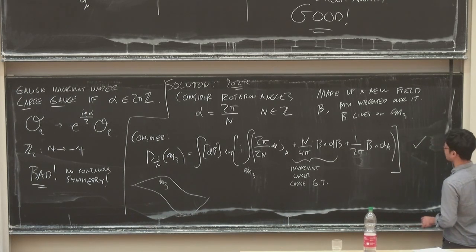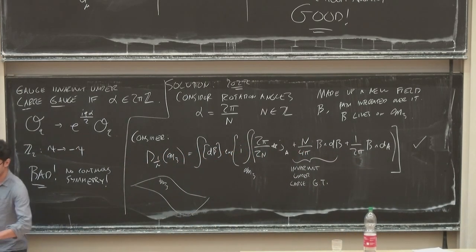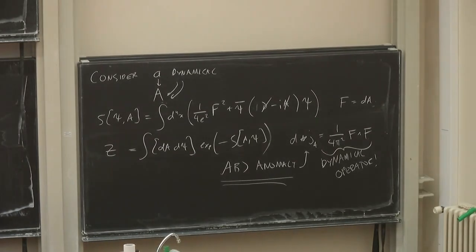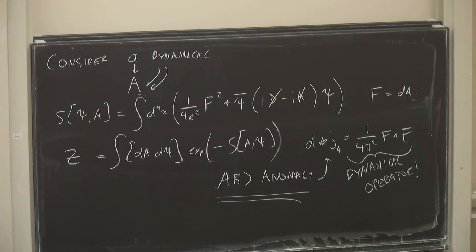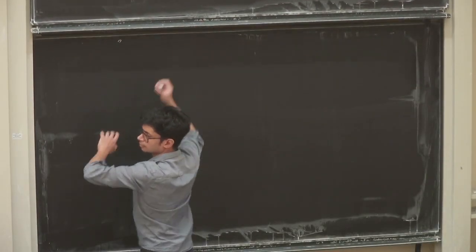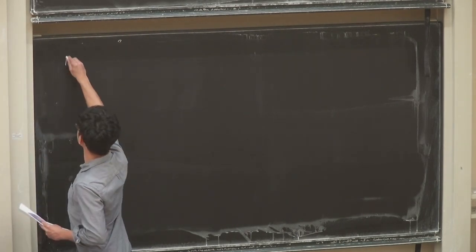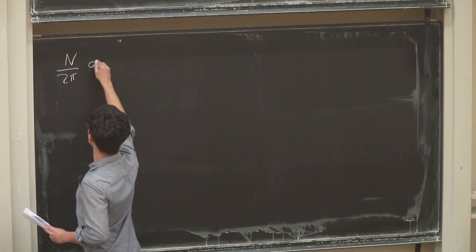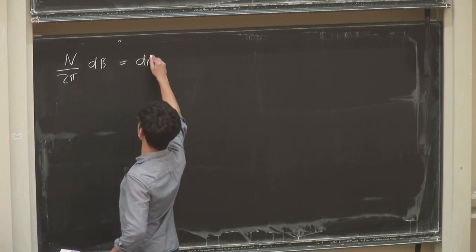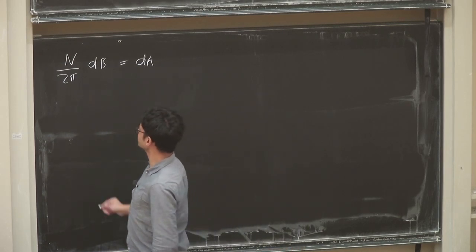However, let's now imagine taking this and eliminating B. Because B, we just made up B, right? Let's try to get rid of B and see what happens. The equations of motion for B are that if you vary with respect to B, what you get is n over 2 pi dB equals minus dA.